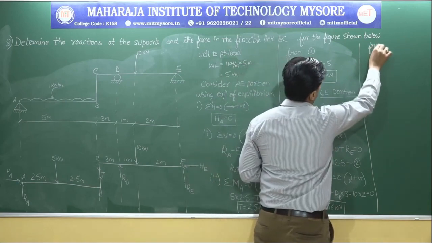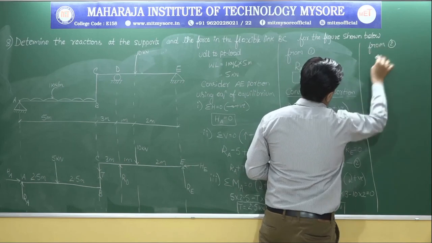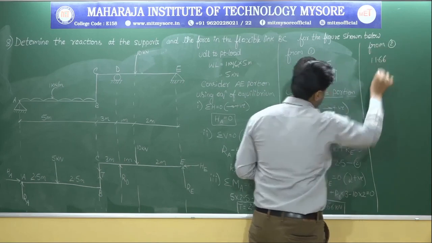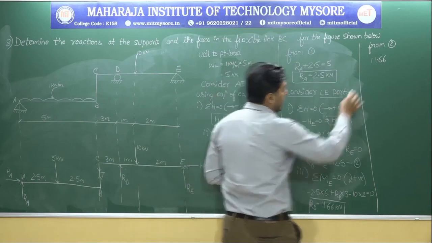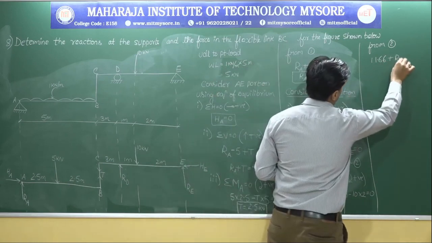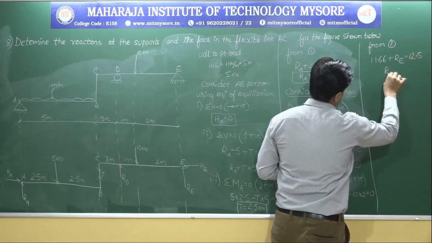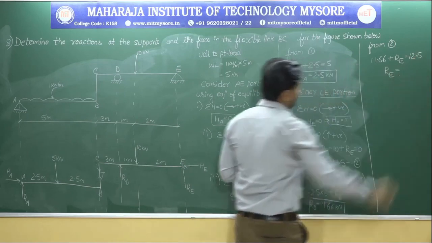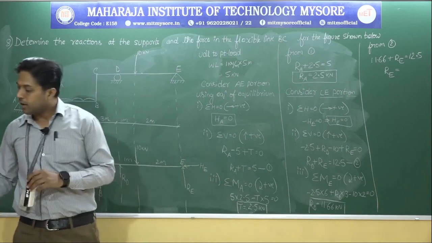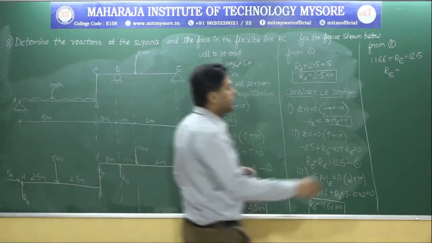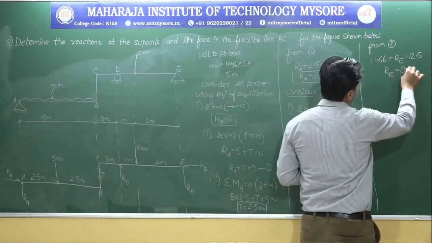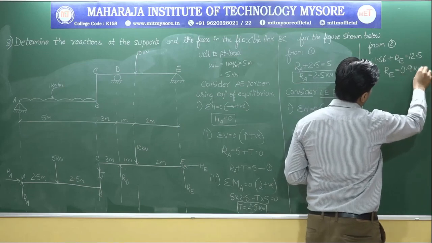So from 2, 11.66 is the value of RD plus RE is equal to 12.5. Then the value of RE is equal to 0.9 kilonewton.